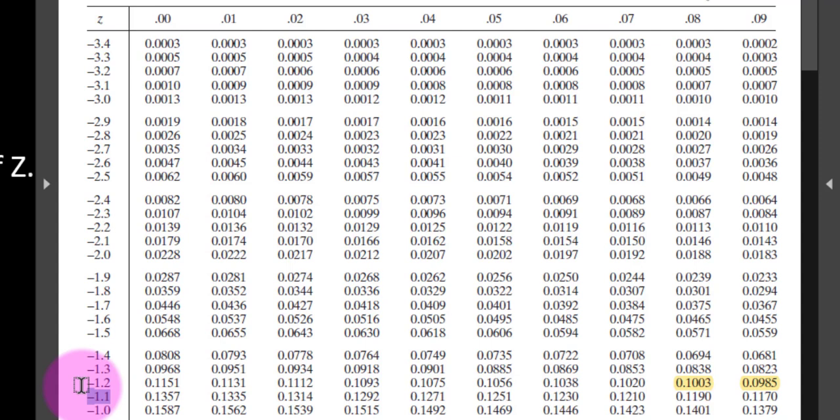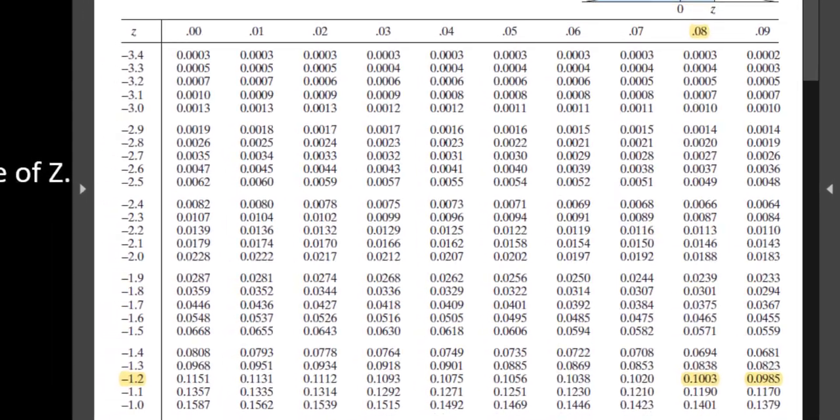So I want the tick mark value in this row that says negative 1.2, and in this column that says 0.08. So our answer is negative 1.28 for our first answer.